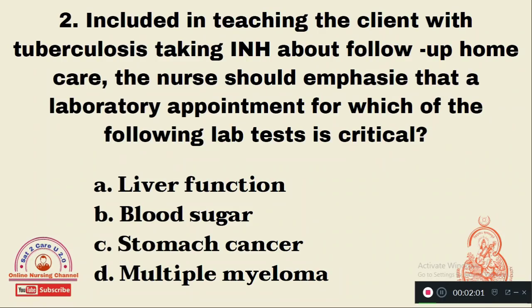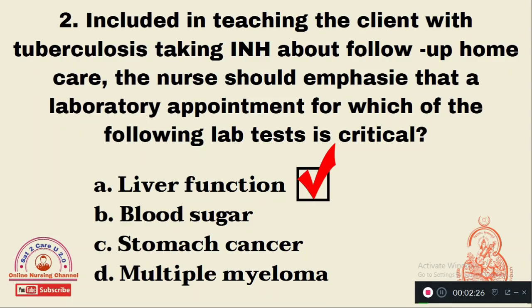So when you take isoniazid for the treatment of tuberculosis, which laboratory test is very significant during the follow-up care? The right answer is option A, liver function, because isoniazid can be hepatotoxic.